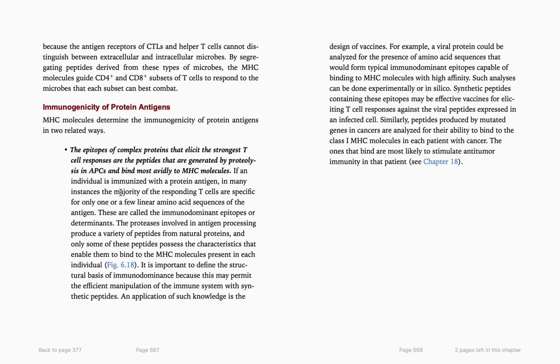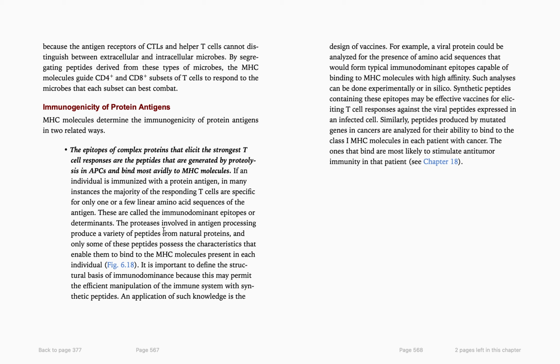If an individual is immunized with a protein antigen, in many instances, the majority of the responding T cells are specific for only one or a few linear amino acid sequences of the antigen. These are called the immunodominant epitopes or determinants.